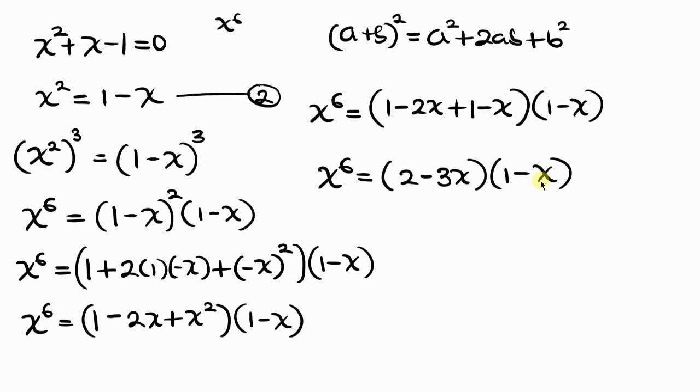Our next step will be for us to expand. So we have x to the 6 to be equal to 2 times 1 is 2. 2 times negative x is negative 2x. And now negative 3x times 1 is negative 3x.